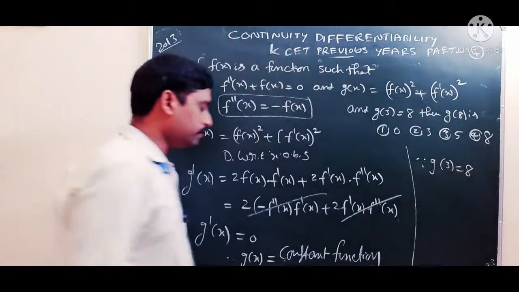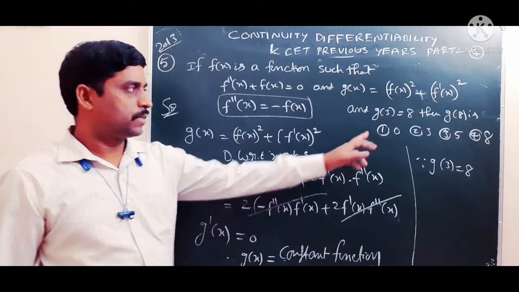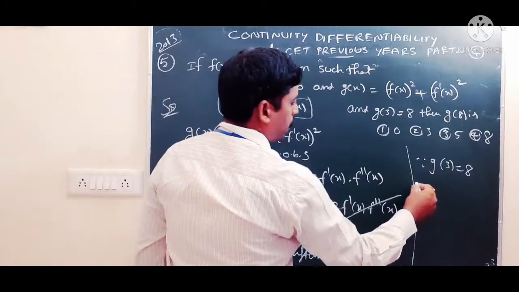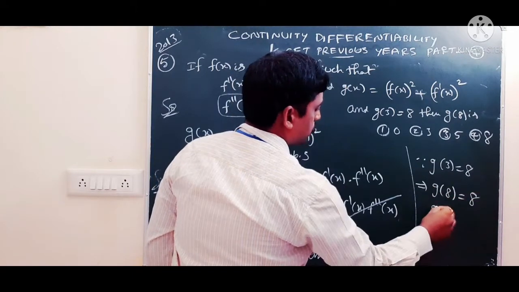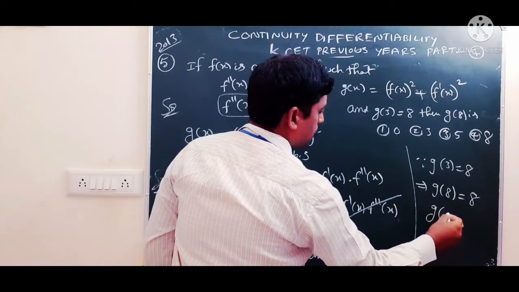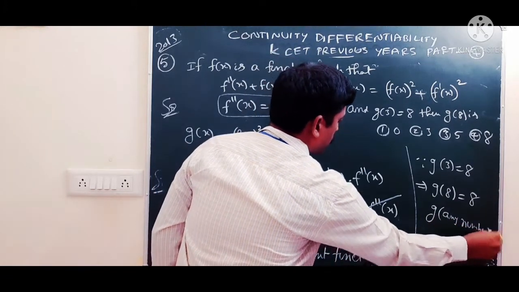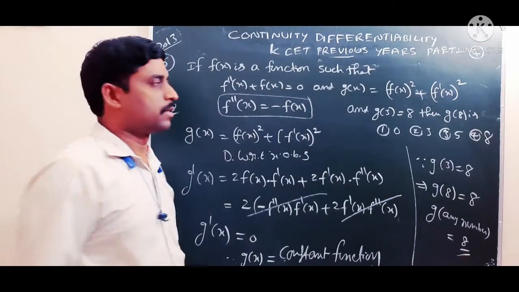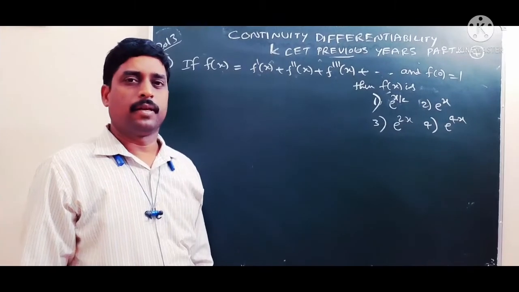Since g of x is a constant function, we now have to find g of 8. g of 8 is also 8, because g of any number will be 8. So which option is correct? The fourth option is correct. Let us go to the next problem.